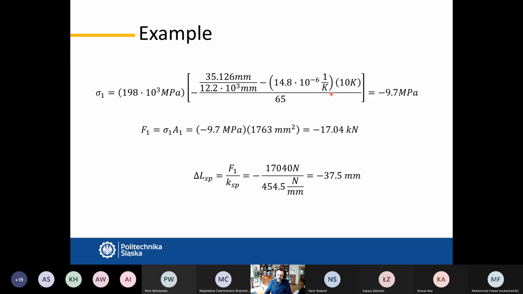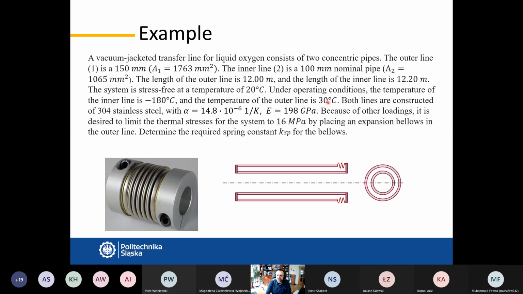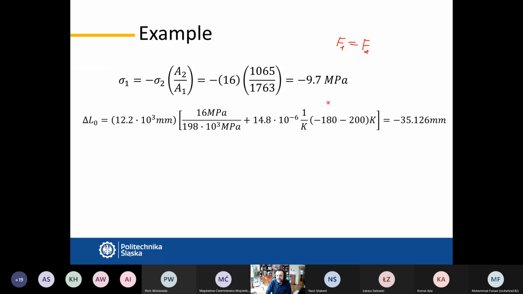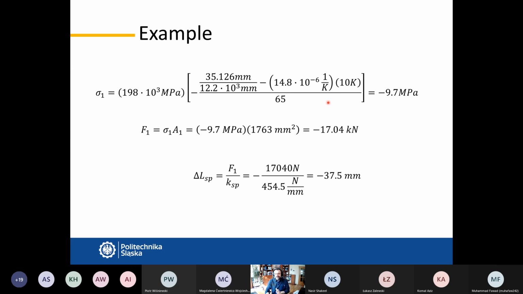Okay, so it consists of the 35 millimeters of shrinkage of the internal pipe and some elongation, so 2 millimeters elongation of the external pipe due to heating up by 10 degrees Celsius. They are quite long, so heating up by 10 degrees only provides elongation by 2 millimeters, more or less.